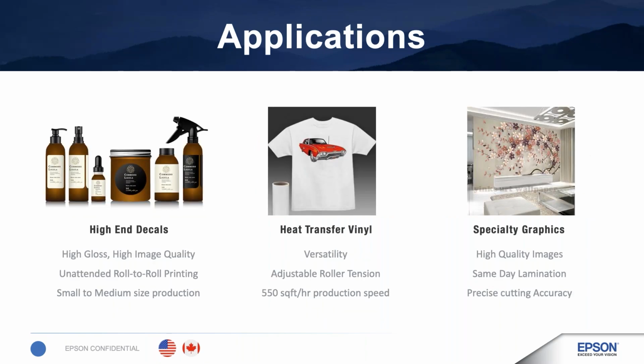Going on to different applications, when you're looking at a printer and whether you're starting or want to add this to your current business, you really want to think, what kind of system or solution can make me the most versatile or more diverse to really offer different things. There are a lot of people doing high-end decals, and you can see some images there, for small to medium-sized production runs, or even some type of proofing.